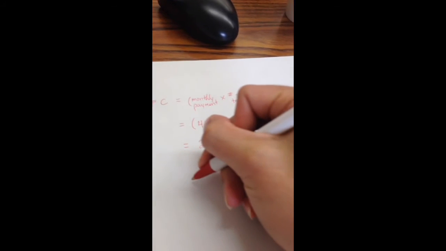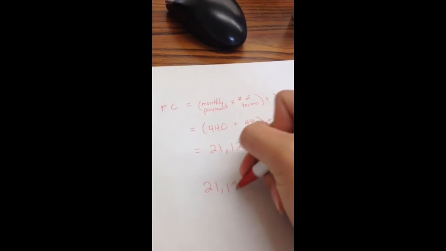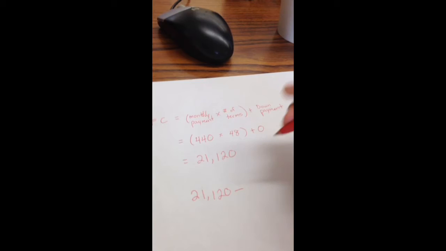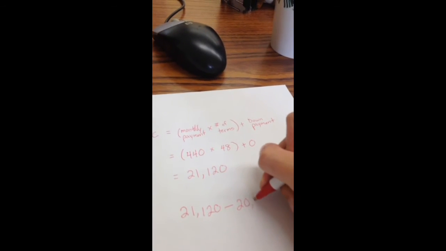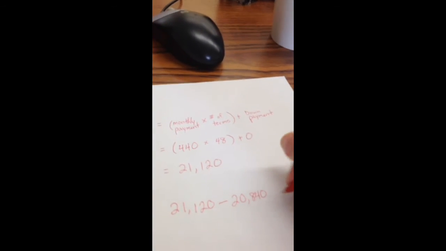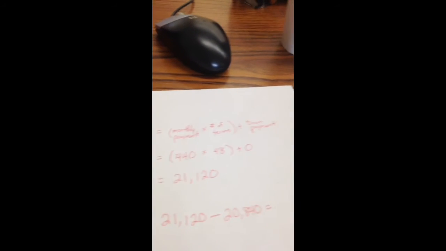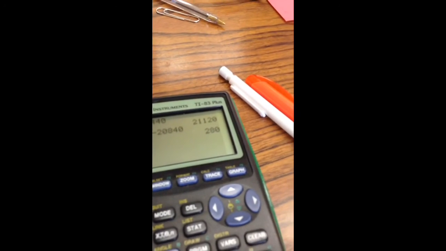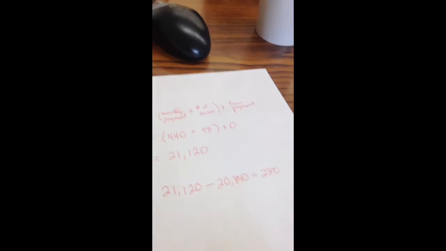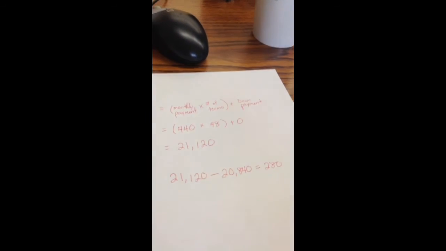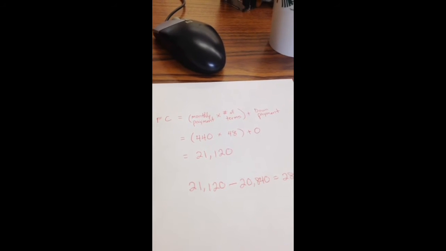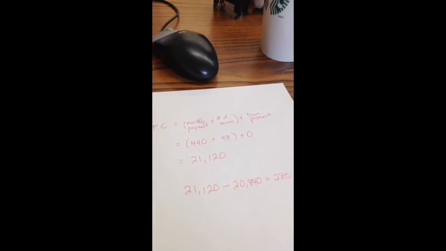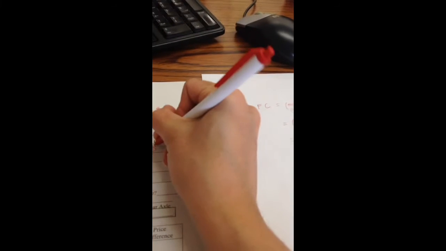So to find my price difference, I'm going to do $21,120 minus my MSRP, $20,840, and that's going to equal $280. Not too terrible. What you'll notice, though, is the more expensive the car, the higher the price difference.